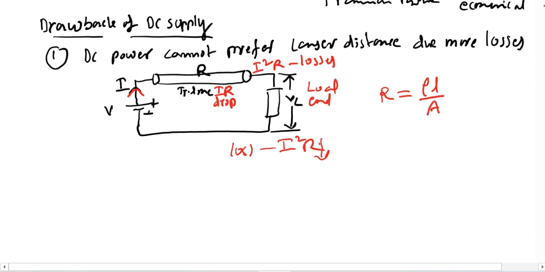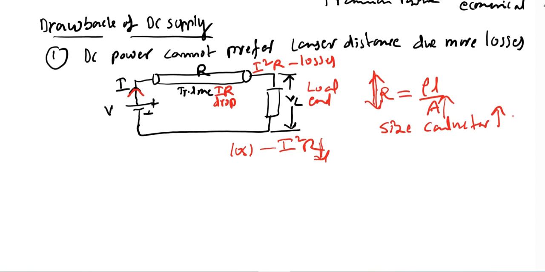If you want to reduce this R, obviously you have to increase the cross sectional area of the conductor. If you increase the cross sectional area, the size of the conductor will increase, therefore it is not economically feasible, the cost of the conductor increases. Similarly, resistivity is different for different materials.